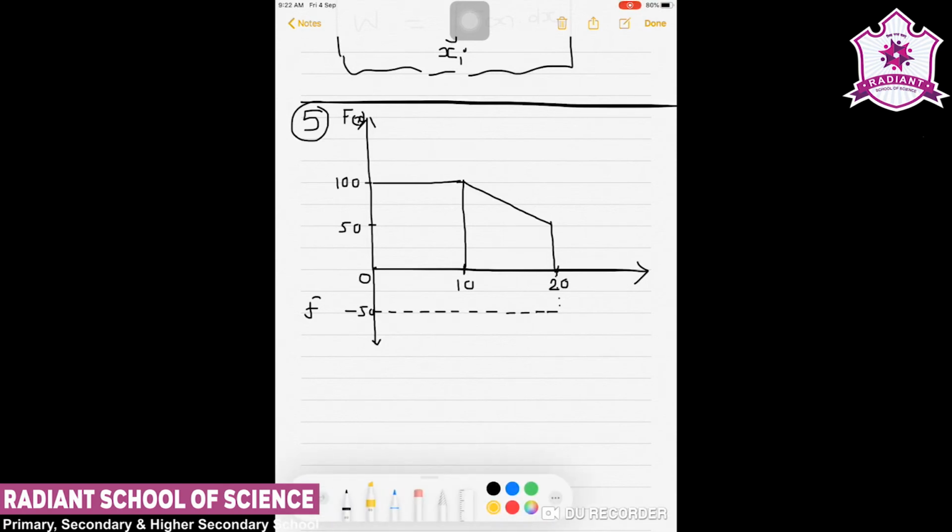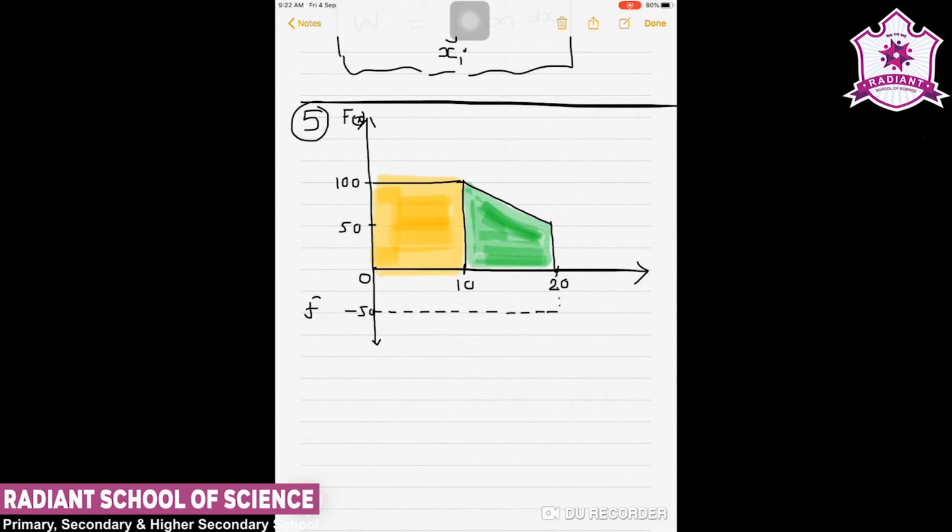First we check the yellow plot under observation, and then we take the work done for the remaining green portion, which is the work done for the next 10 meter.